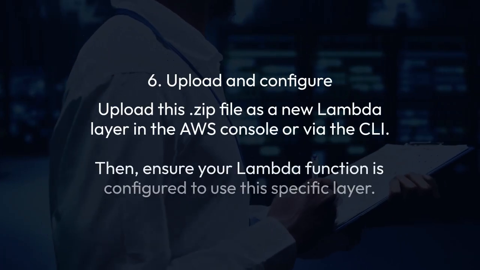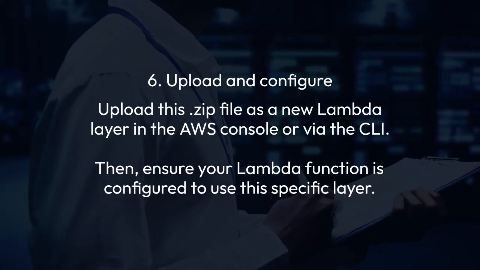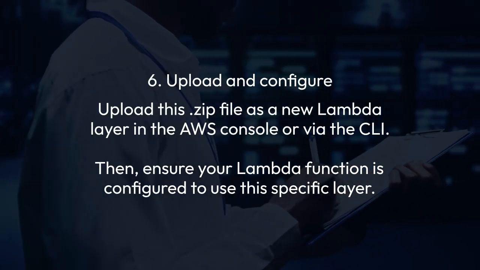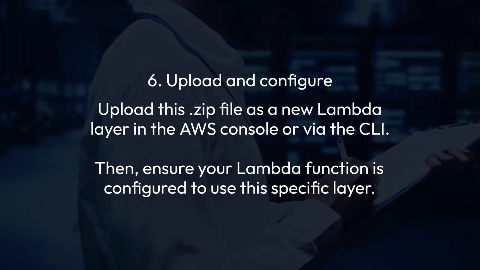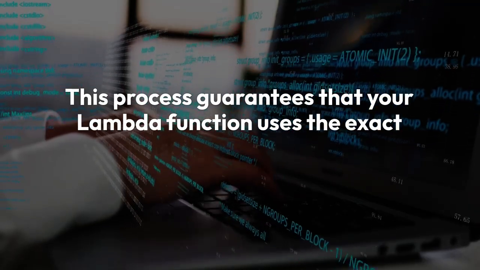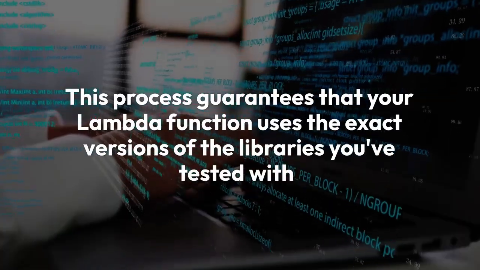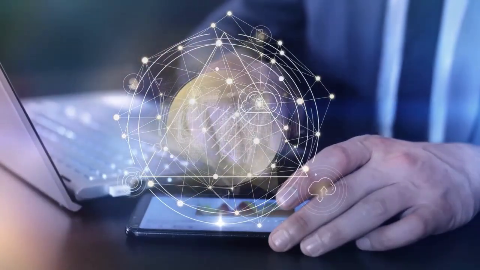6. Upload and configure. Upload this .zip file as a new Lambda layer in the AWS console or via the CLI. Then, ensure your Lambda function is configured to use this specific layer. This process guarantees that your Lambda function uses the exact versions of the libraries you've tested with, eliminating conflicts with Lambda's default environment or other layers.